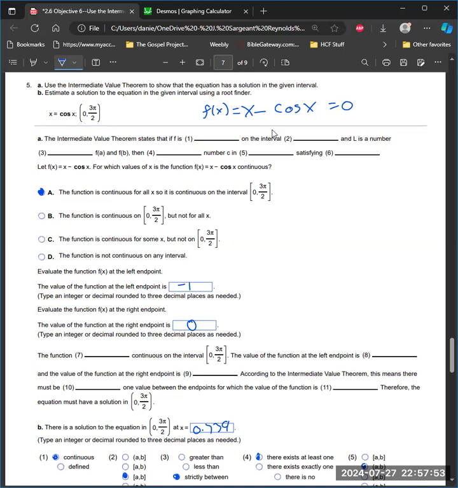So that is -1. And then this is going to be at the right endpoint, 3 pi over 2 minus 0 is 3 pi over 2, which is about 4.712 if you check that with the calculator.